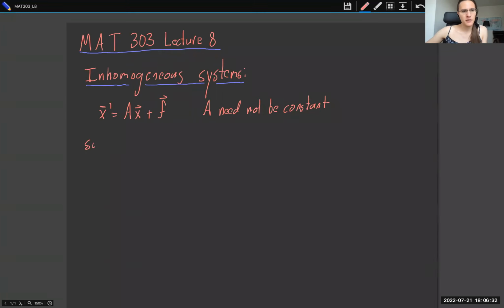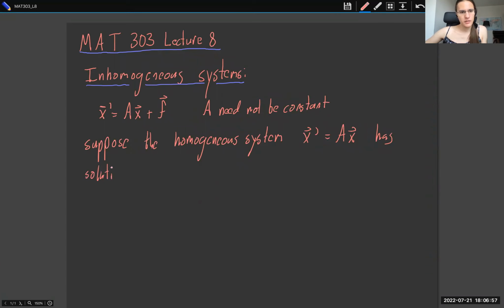Suppose the homogeneous system, which is x prime equals Ax, has solutions x1 through to xn. And this is the case of an n by n system.